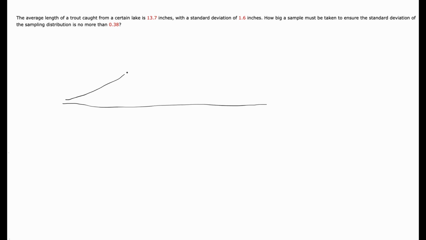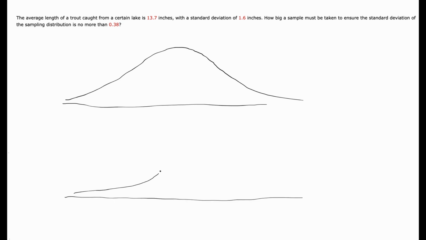The original distribution is fairly wide compared to the sampling distribution. The original has a mu of 13.7 and standard deviation 1.6.